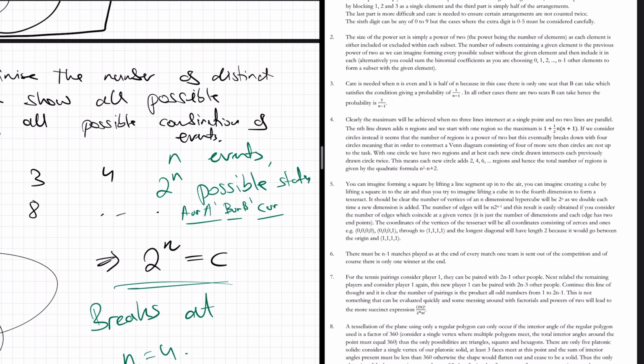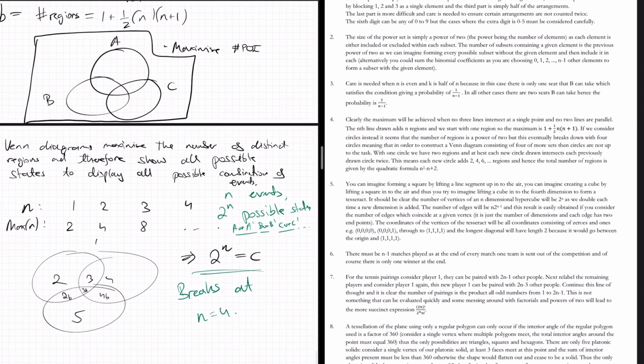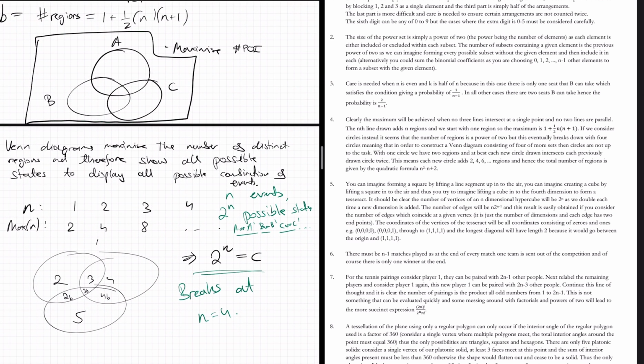But it appears this doesn't work after n equals 4, which leads us to conclude that we can't use circles to represent situations with more than four events, which is why you see Venn spheres, things like that.